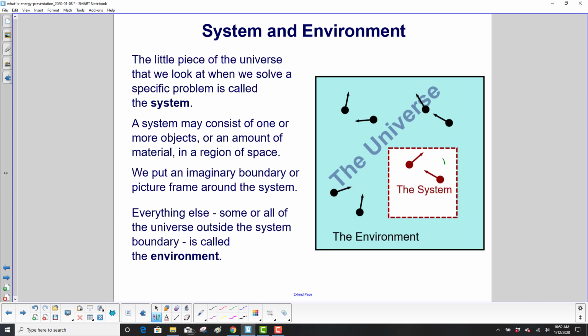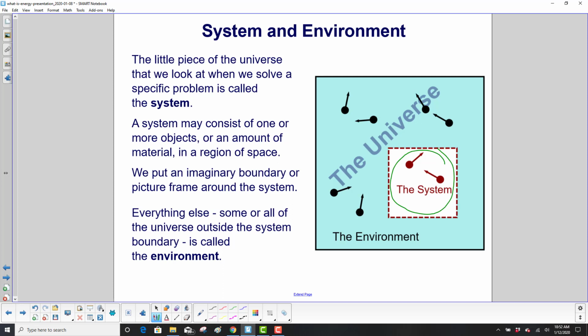This little box has a special name. It's the system. The little piece of the universe that we look at when we solve a specific problem is called the system. So when we're solving the problem of the ball dropping from your hand, the system would be the ball, the hand, and the Earth. However, if you wanted to study the tides, your system then would be the water, the Earth, the moon, and the sun. So the system depends on what kind of problem you're solving.